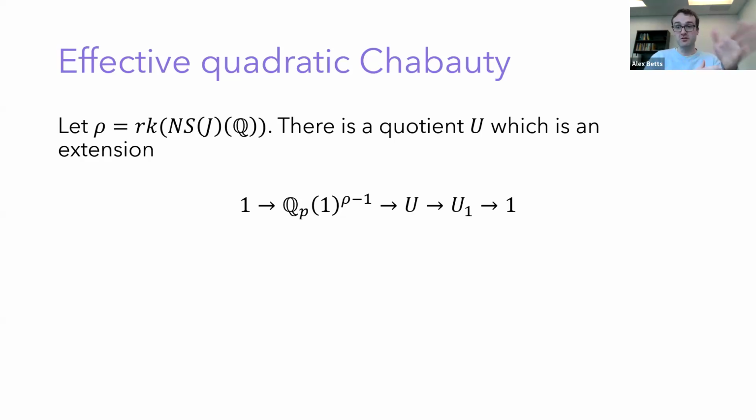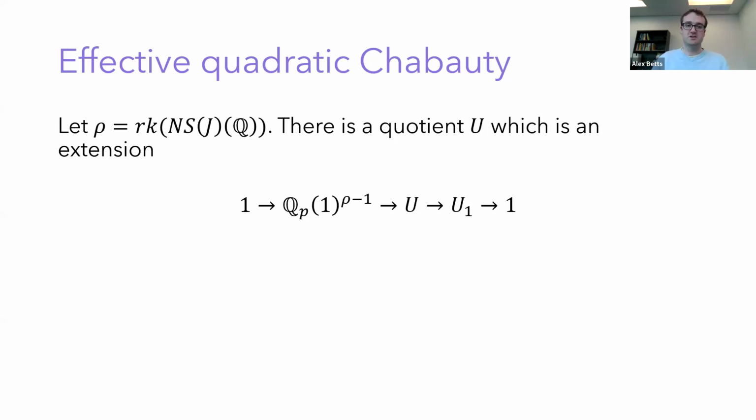So let's take this rho to be the same quantity I described in words earlier: the rational Picard number of the Jacobian. Then you can construct a quotient of the fundamental group, which is just slightly bigger than the abelianization U1. It's an extension of U1 by rho minus 1 copies of Q_p(1).